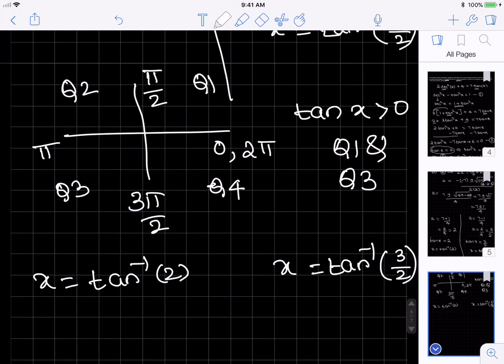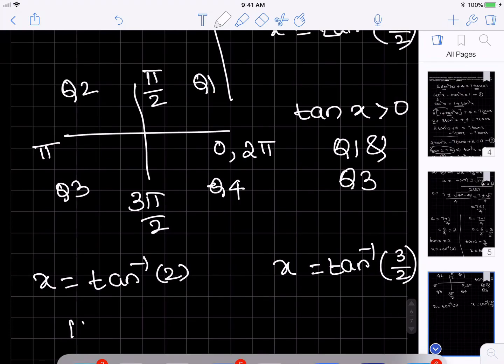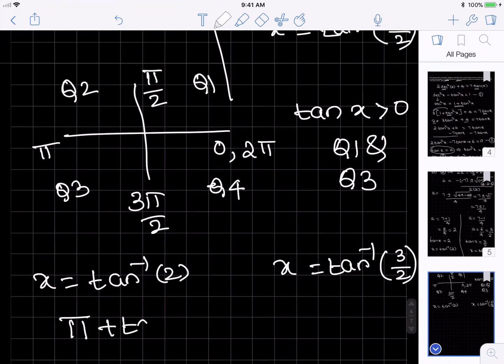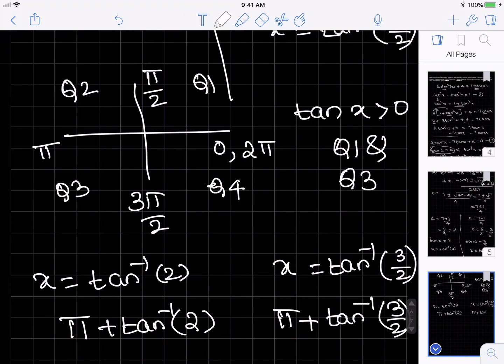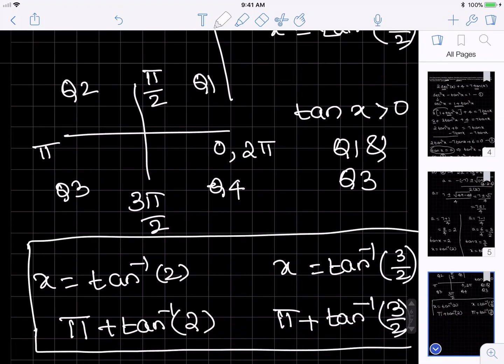Now one more solution you get is pi plus tan inverse 2 and pi plus tan inverse 3 over 2. So these four are the solutions of the given equation.